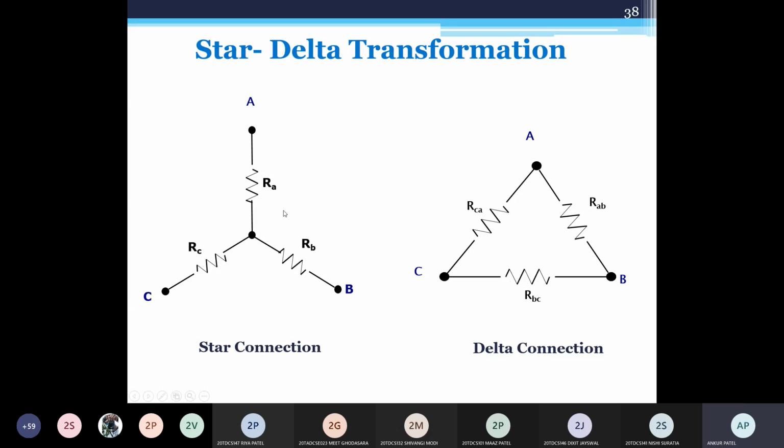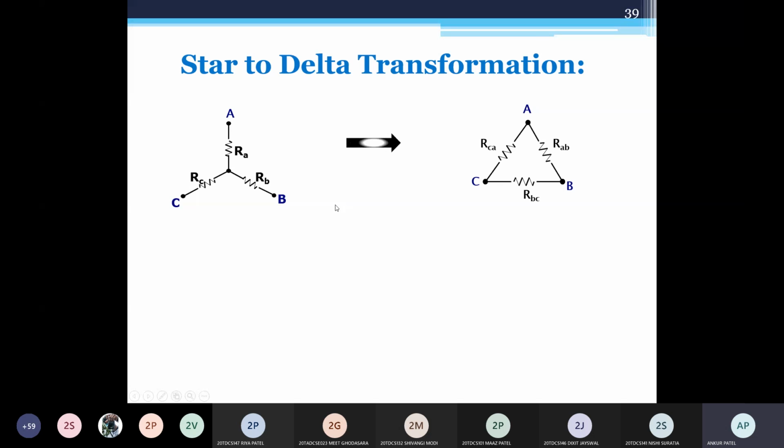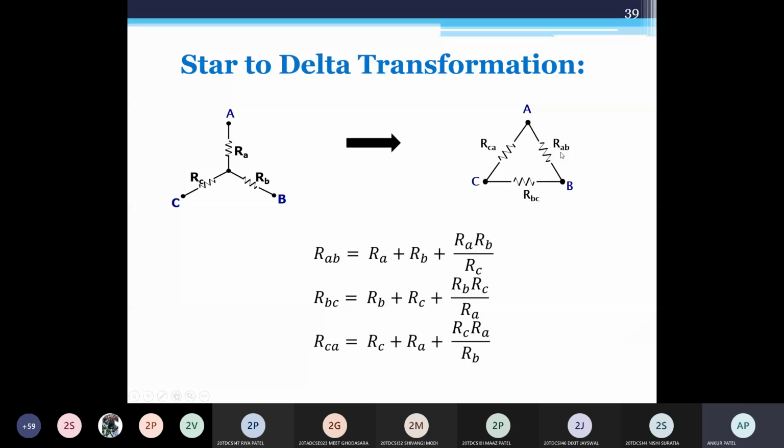Now we are converting star into delta. The star resistors are RA, RB, RC, and the delta resistors are RAB, RBC, RCA. For the star to delta conversion, RAB is equal to RA plus RB plus RA into RB divided by the third resistor RC.